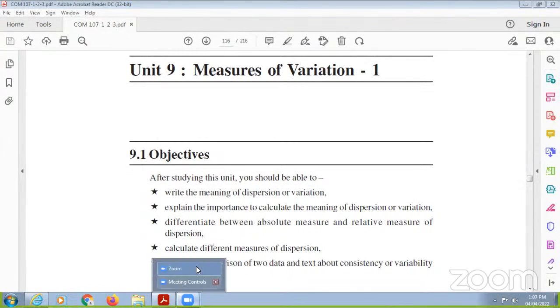Then, for example, the following data is the price of 2 commodities in 8 different cities.